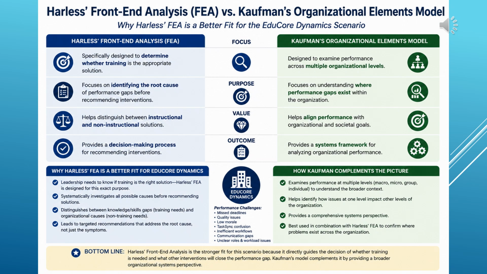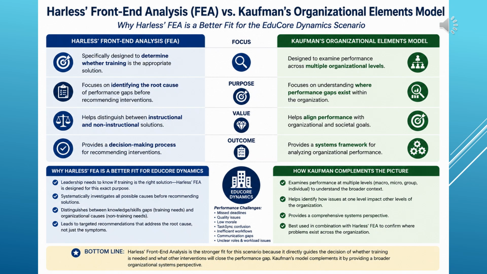Harless helps distinguish between instructional and non-instructional solutions, while Kaufman helps align performance with organizational and societal goals. And their outcomes are that Harless will provide a decision-making process and recommend interventions, while Kaufman provides a system framework for analyzing organizational performance.